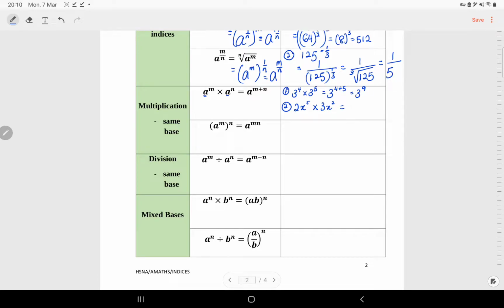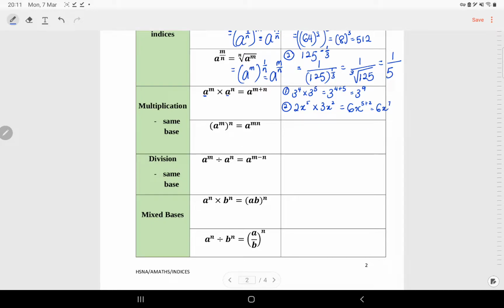You can multiply the constants 2 times 3, so that would be 6. And have a look at the base. My base is x. They are of the same base, so you add the powers, x to the power 5 plus 2.